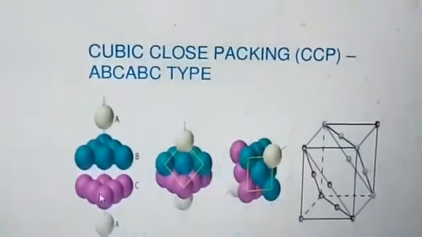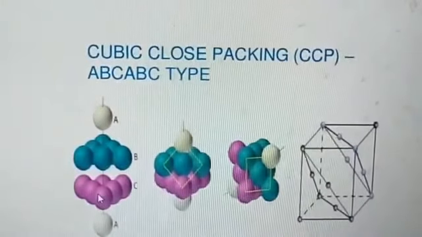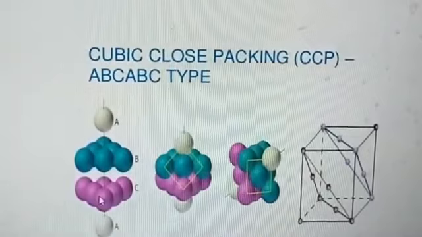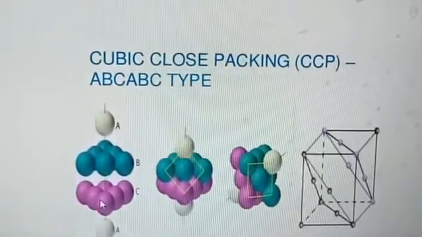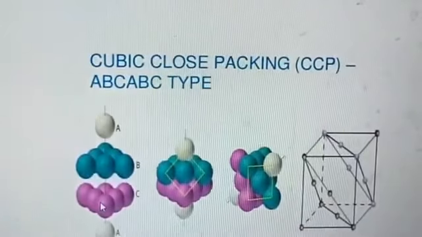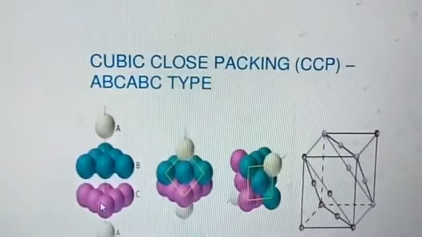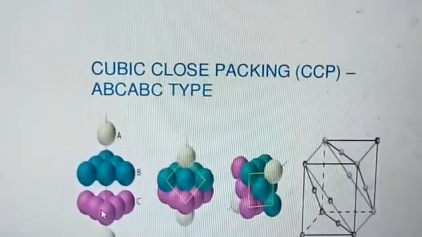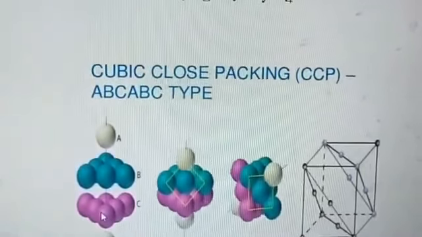In this ABC arrangement, we get cubic close packed along with face centered cubic structures. Which elements have this type of structure? Copper and silver crystallize in this structure.